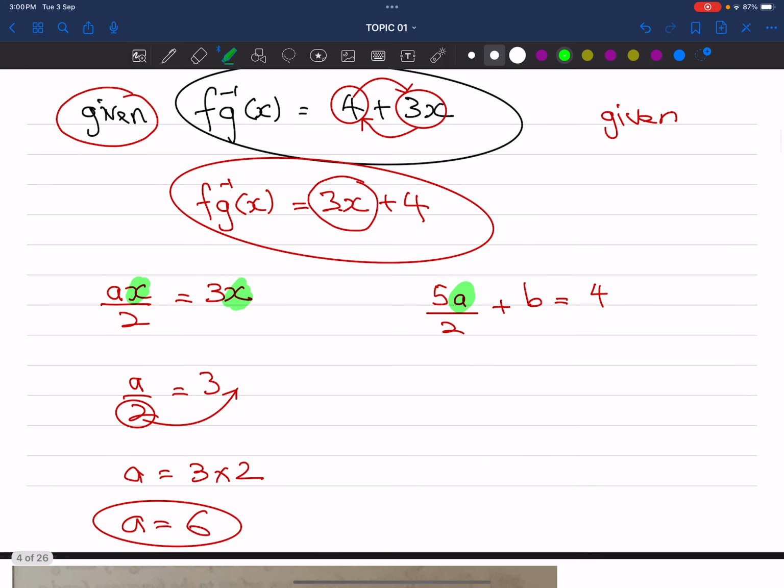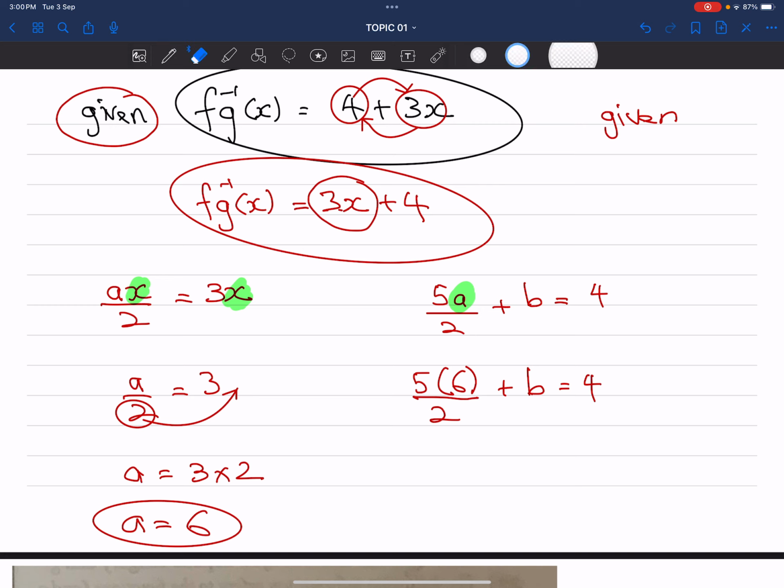Substitute a with 6. So that will be 5 times 6 divided by 2, plus b, which we want to find. 6 divided by 2 is 3, and 3 times 5 gives us 15. 15 plus b equals 4.